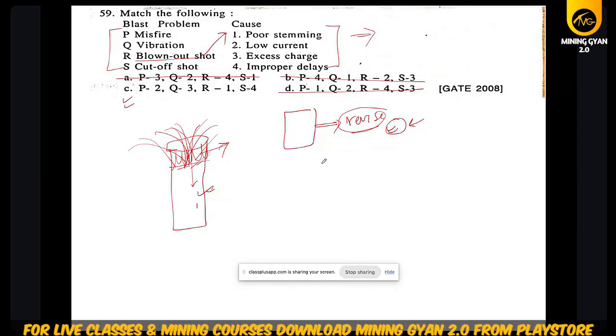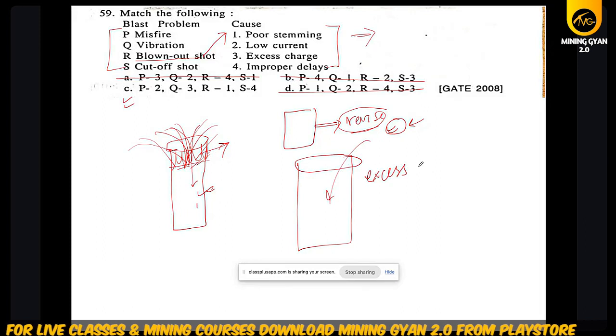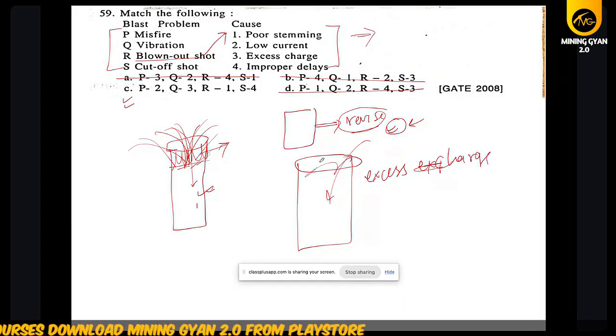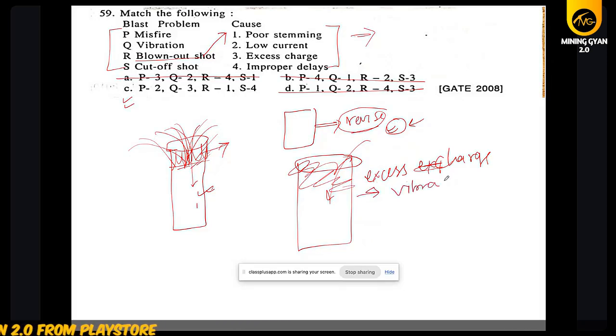And vibration: if this is your hole and you put excess explosive or charge, then you will face a vibration problem. So vibration due to excess charging.